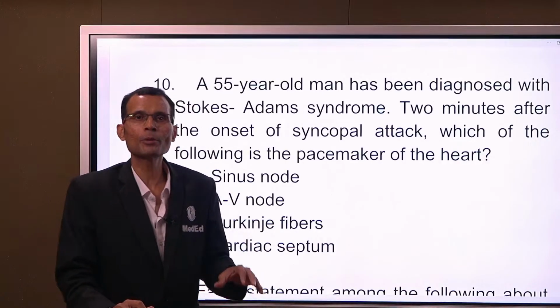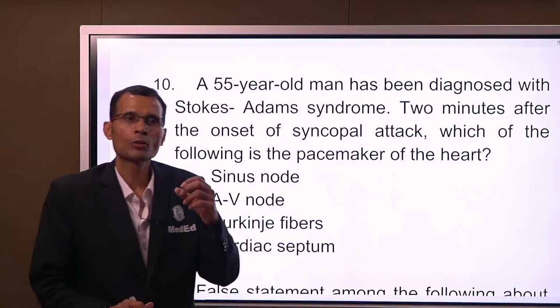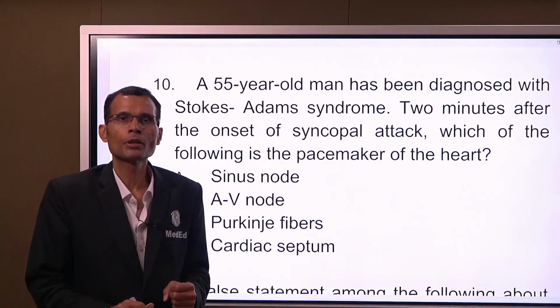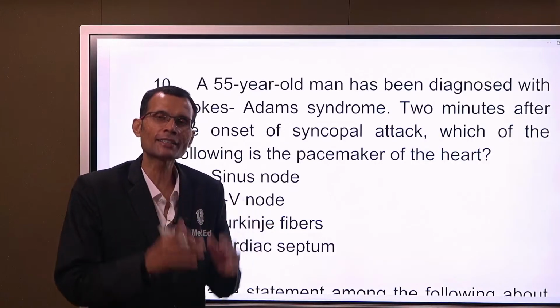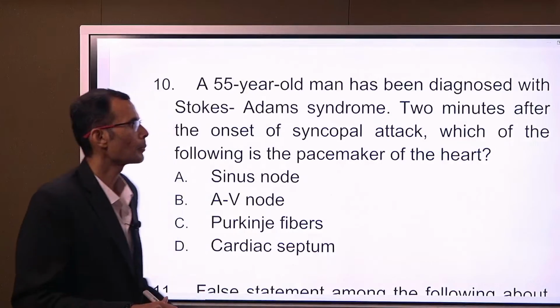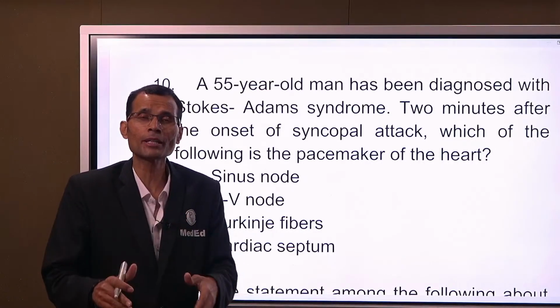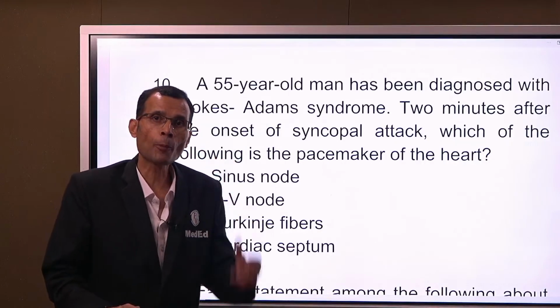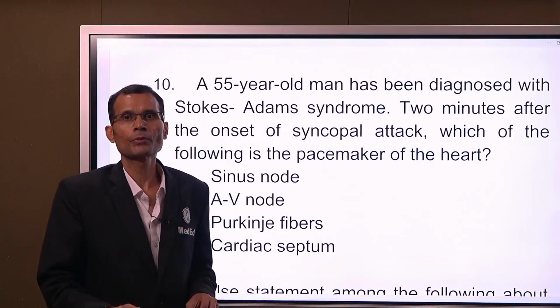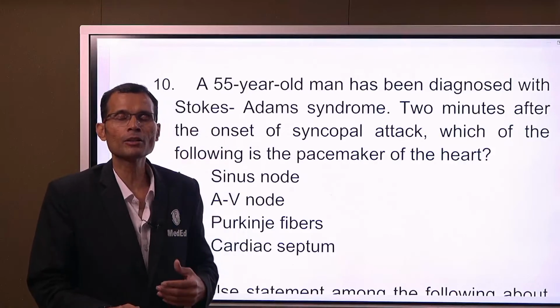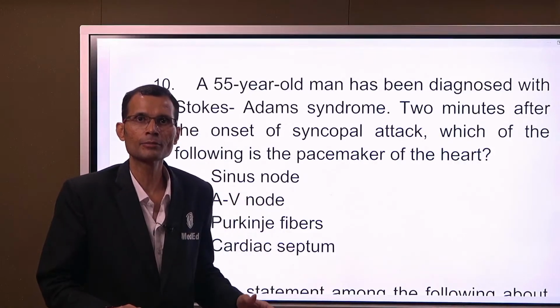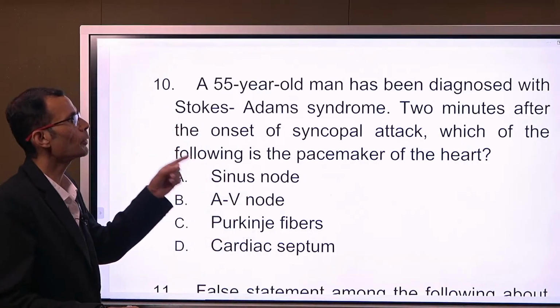But the Purkinje fiber present in the ventricles will now become the pacemaker. If it does so within 30 seconds, that's good. But if it takes more than 30 seconds for the Purkinje fiber to become the pacemaker, the heart has stopped for 30 seconds and blood flow to the brain has stopped for 30 seconds, and therefore there will be a syncopal attack.